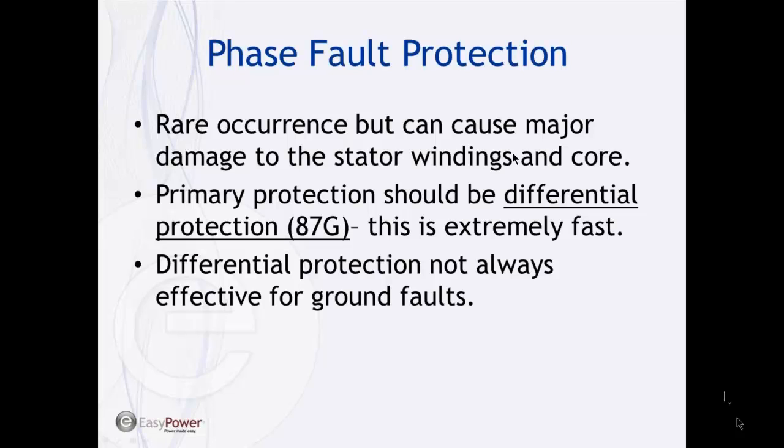And so for any generator probably over about 1 MVA, you should be looking at some type of differential protection if at all possible. And the advantage here is that I don't have to coordinate that with anything, because if the differential element operates, I know the fault is within the generator or the generator differential zone, and I can trip quickly. And these are extremely fast and can trip off the line within a cycle or so.